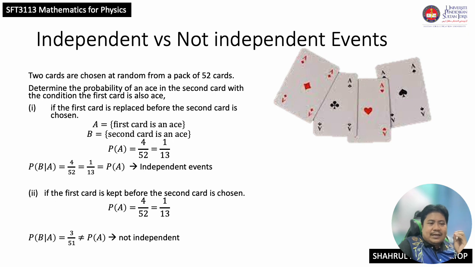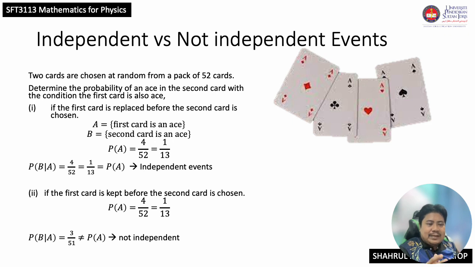It's still 4/52, because when we take the first card and then put it back, we then take a second card. So the probability is just the same, 4/52.